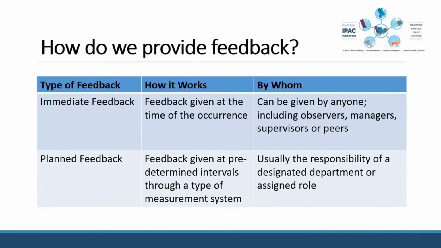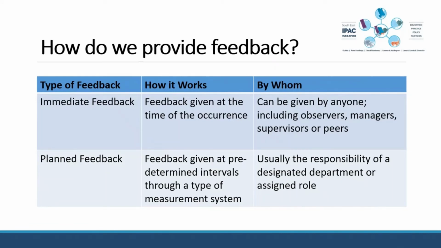Now we will look at how we provide this feedback. There are two types of feedback that can be provided. There's immediate feedback that occurs right away when something is observed, remembering that immediate feedback is the most effective. Immediate feedback can be given by anyone, but a factor that comes into play is whether there's a culture of safety present in the organization. This safety culture allows for a blame-free environment that allows individuals to report errors without fearing punishment.